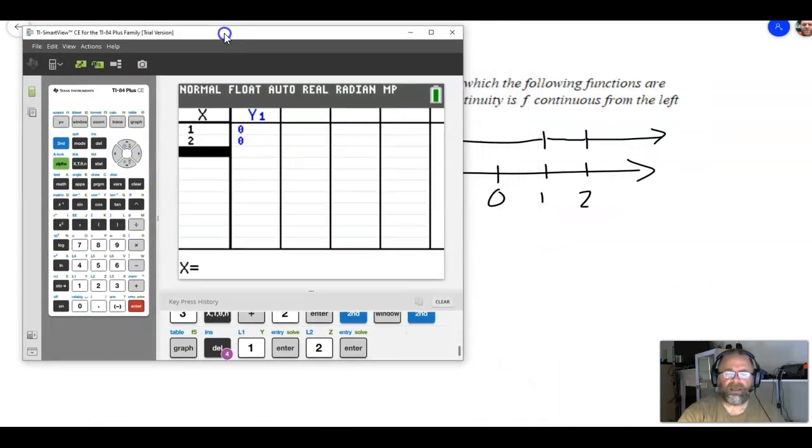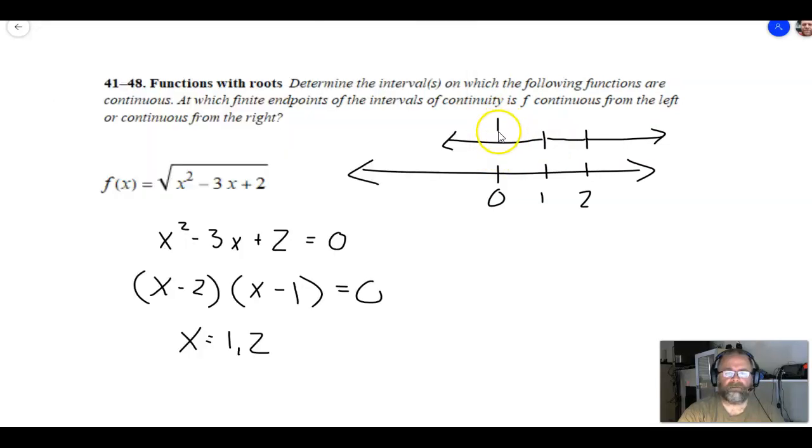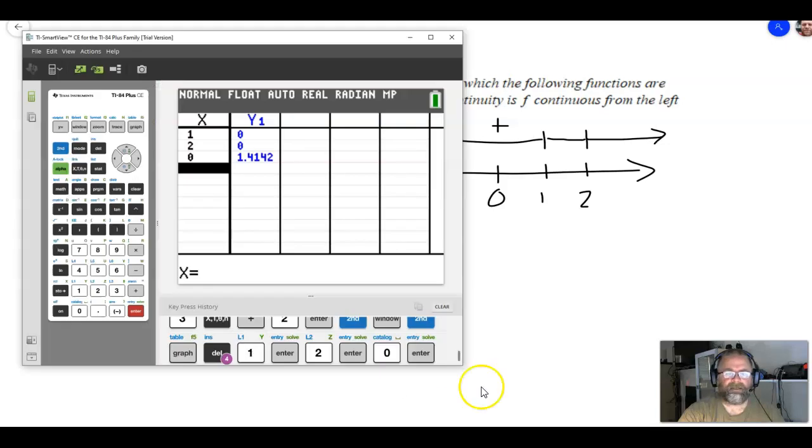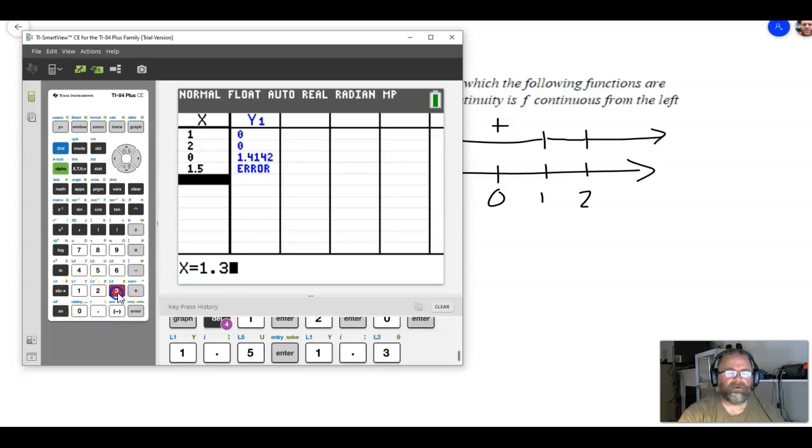And then I want to look at points in these 3 intervals here. So let's take a point that is less than 1, so 0, and we get a positive number. So I'm going to put a little plus up here. And then I'm going to take a value between 1 and 2. I'm guessing I'm going to get a negative number, but we shall see. Let's take 1.5. Oh, I can't do 1.5. How about 1.3?